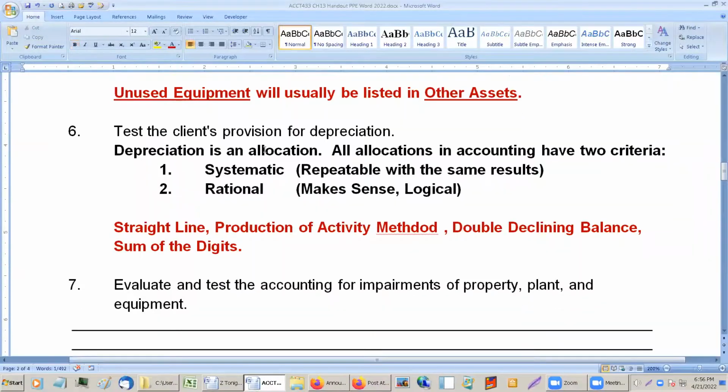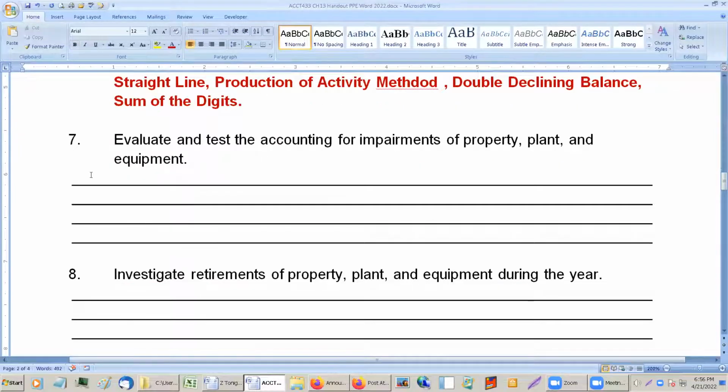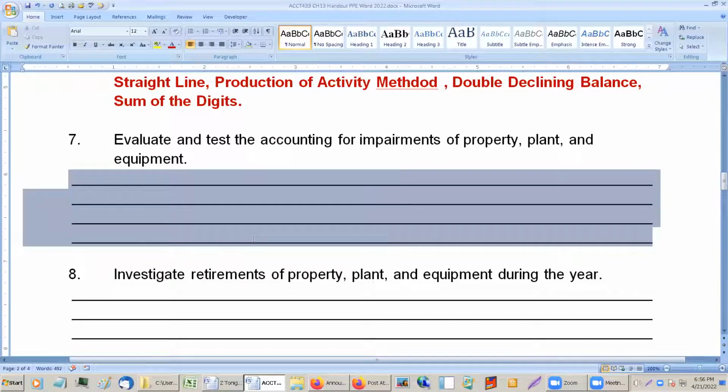They could measure how tall they are and figure it out. All right, so it's systematic. It doesn't make any sense. It's not rational. So it has to be both. It has to be systematic, repeatable with the same results, but it also has to make sense. And if it meets those 2 criteria, it's fine. Okay, impairments. This is gonna be a little bit tricky.